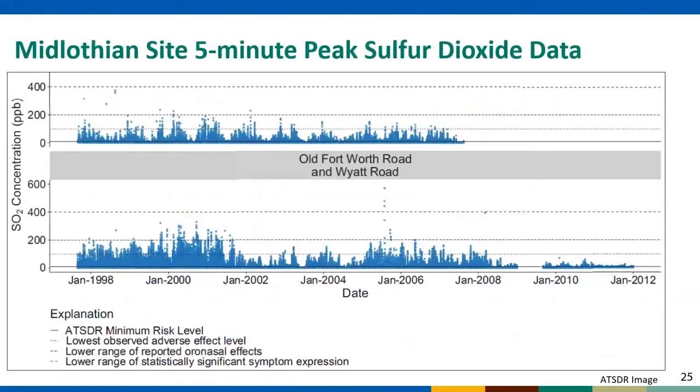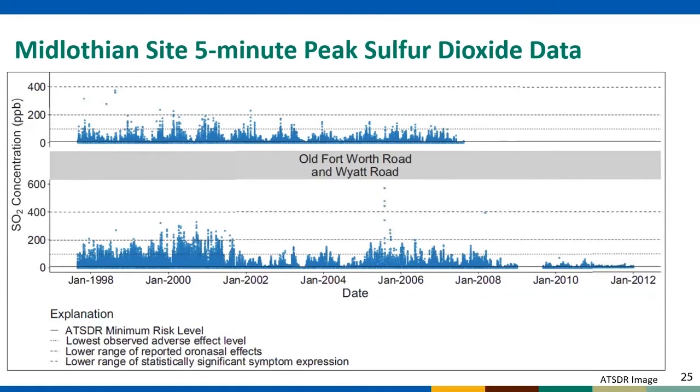These monitoring data show us 5-minute peak intervals of SO2 sampling from 1998 to 2012 for the 3 monitoring locations downwind of TXI. The locations include Midlothian Tower, Old Fort Worth Road, and Wyatt Road.